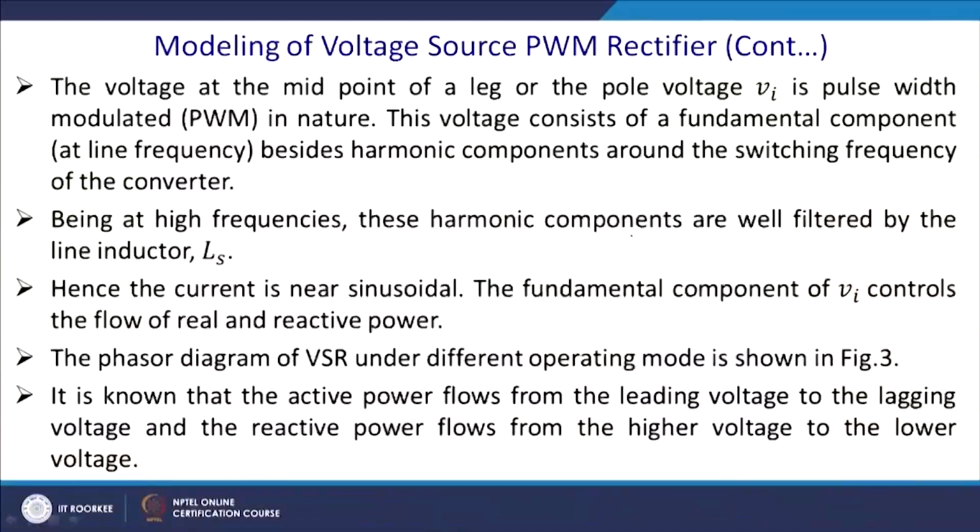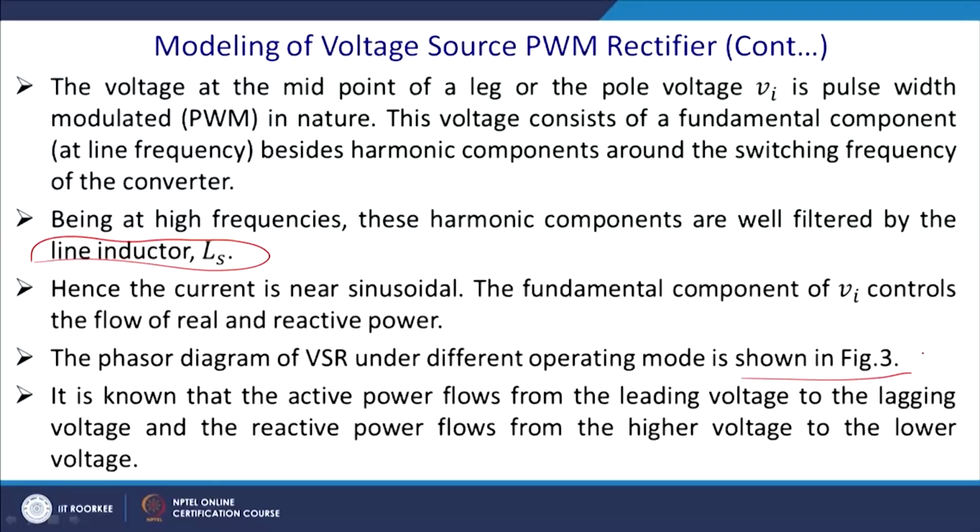At high frequencies, this harmonic component will be filtered out by this line inductor LS. Hence, inductor current is nearly sinusoidal, and the fundamental component of Vi controls the flow of the real and the reactive power.